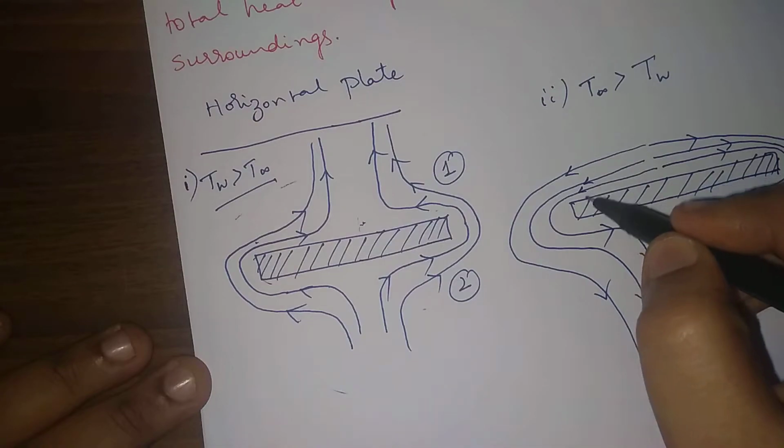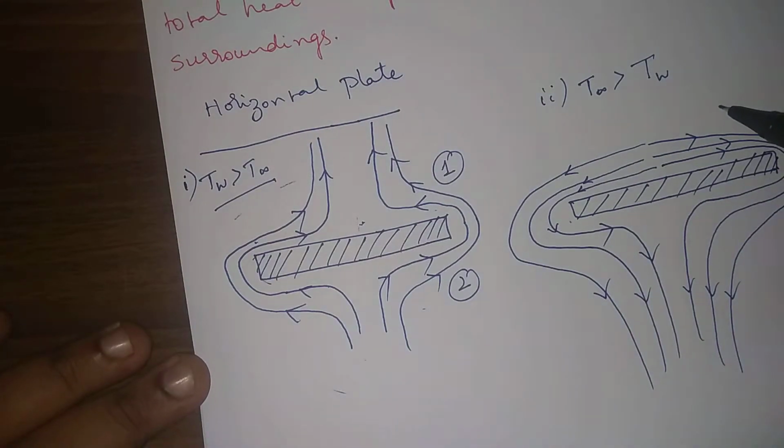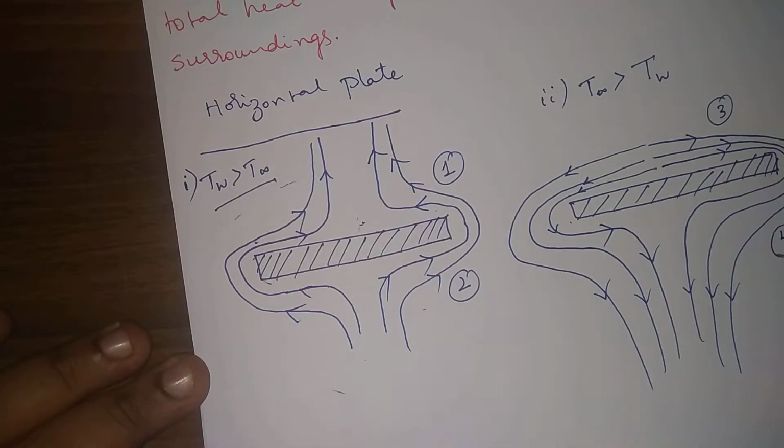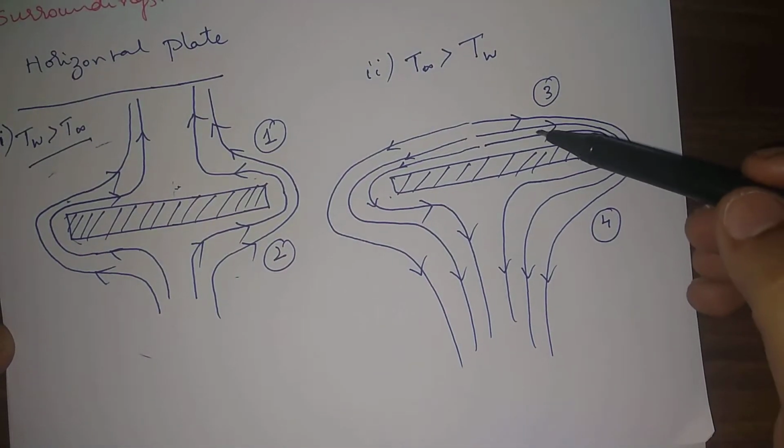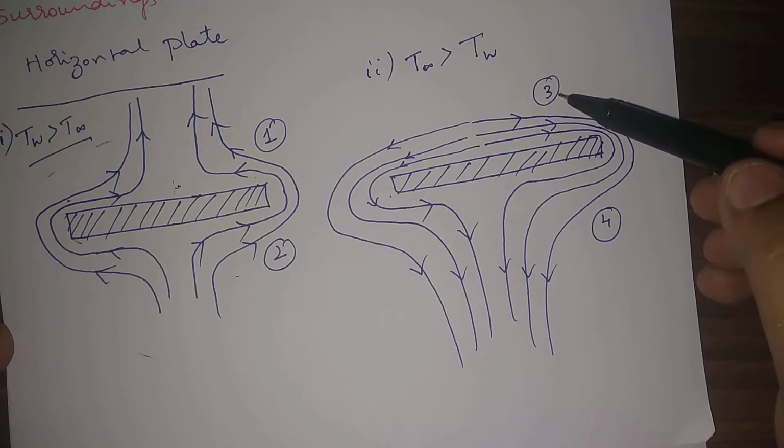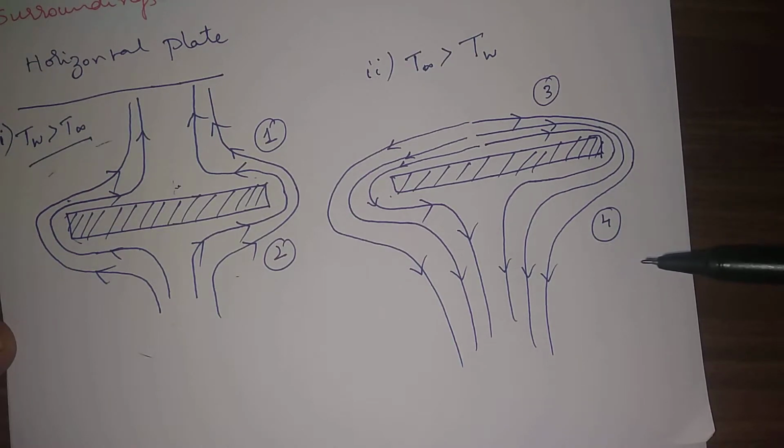So this is a theory that you need to know first. Let us name it as 3 and 4. So here also the heat transfer coefficient on the top face is different from the bottom face.